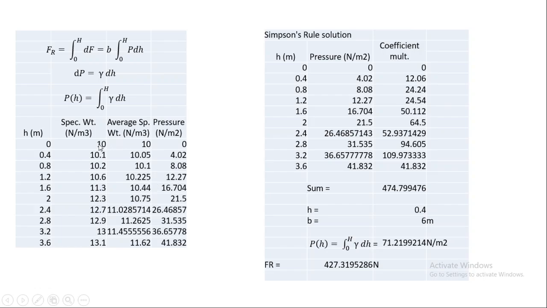And then I multiply the height with these average specific weights in order to determine the exact pressure at a particular point of the tank, and I'm getting the respective result.